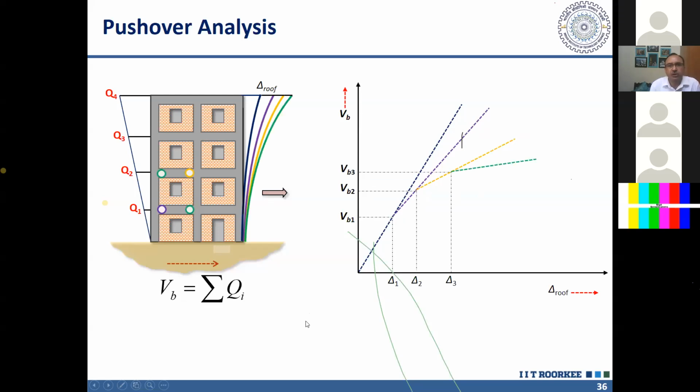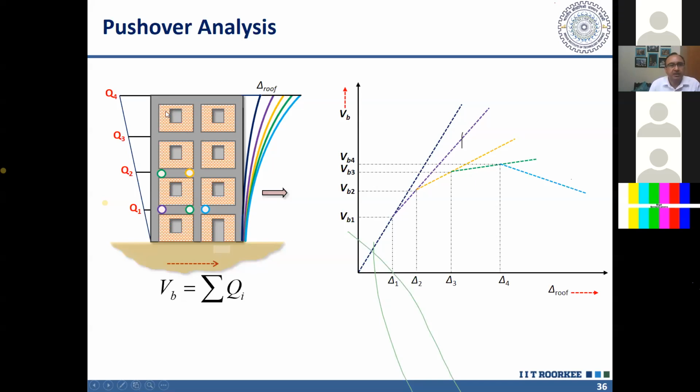If I go on doing this, finally what will happen? Finally, there is a possibility that this frame becomes a mechanism. So when the number of hinges exceeds the degree of redundancy, the degree of indeterminacy in this frame, it will become a mechanism. Then it will collapse.